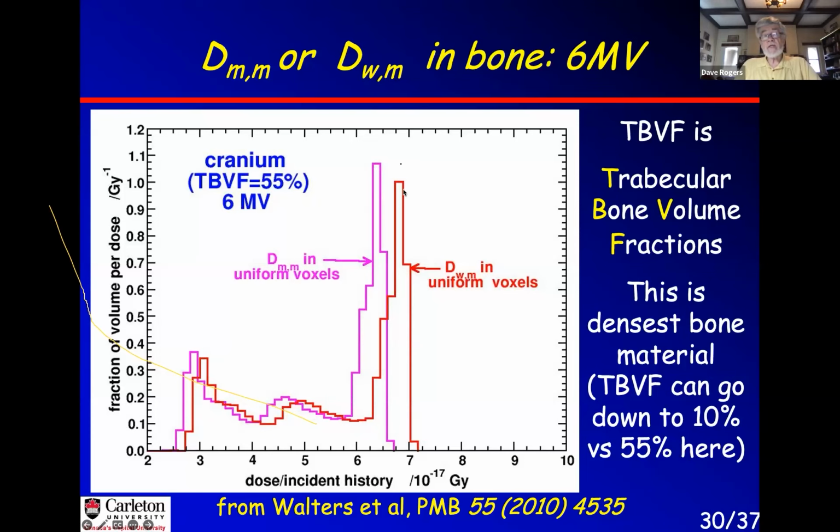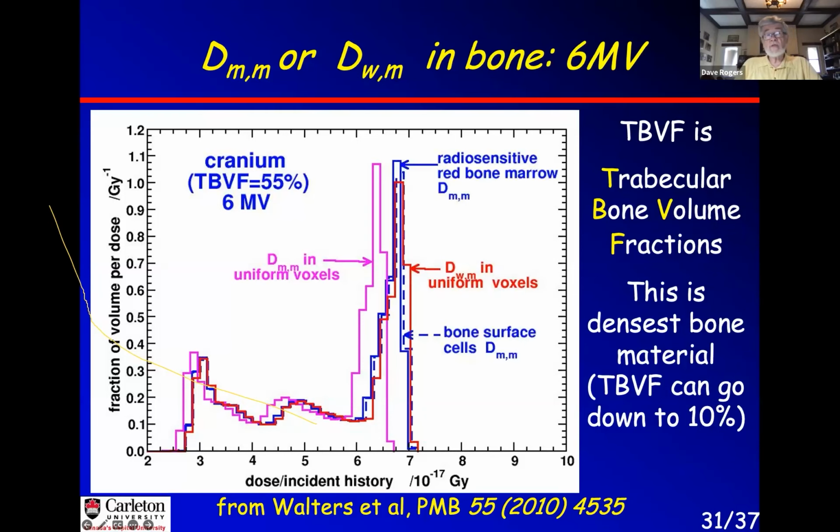But if they then calculated the dose to the water in the uniform voxels, they got this spike here. And then the question is, what happens if we compare these two? And indeed, the dose to water in medium lies right on top of the actual dose they calculated on the individual voxels.